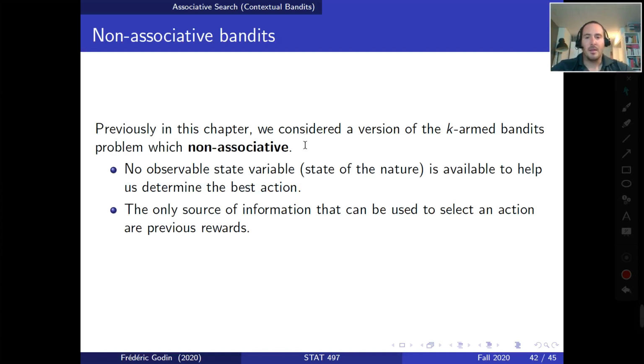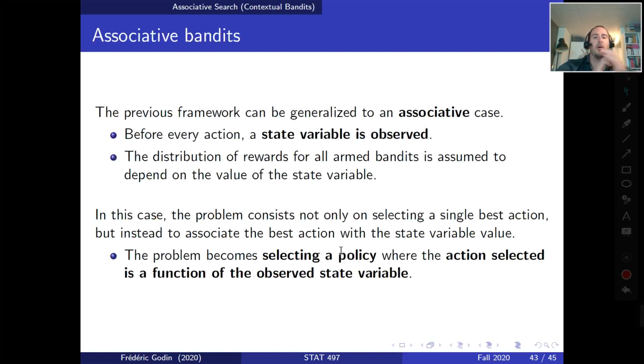However, there's a generalization of the problem which is called associative bandits. So, in that associative bandits case, just before the action is taken, a state variable is observed, and then the distribution of rewards for all actions is assumed to be dependent on that state variable.